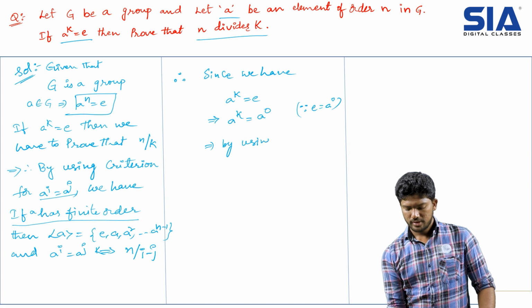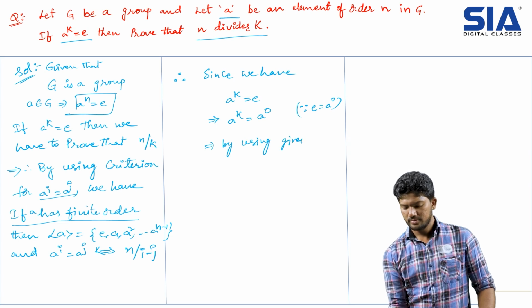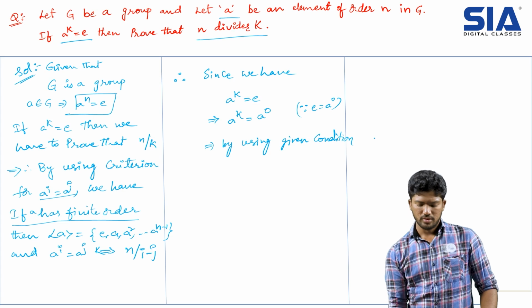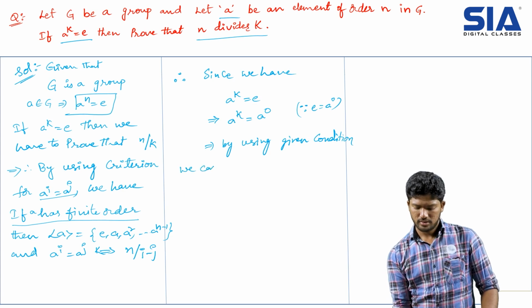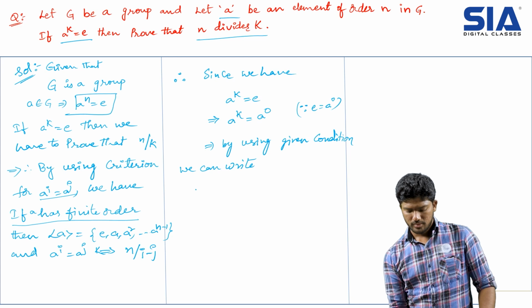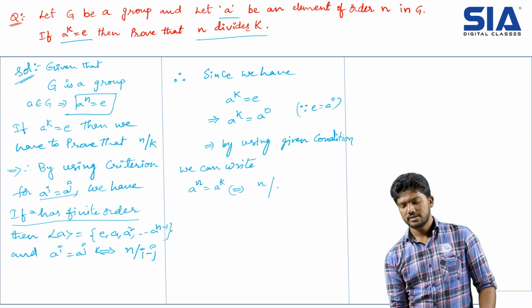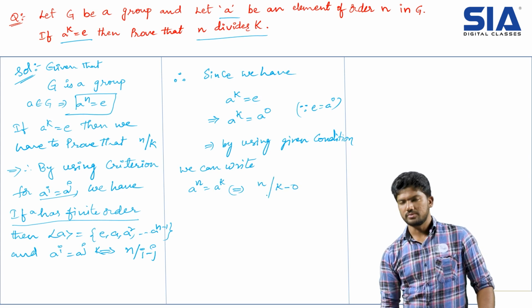So therefore, by using the given condition, we can write a power n is equal to a power k if and only if n divides k minus 0.